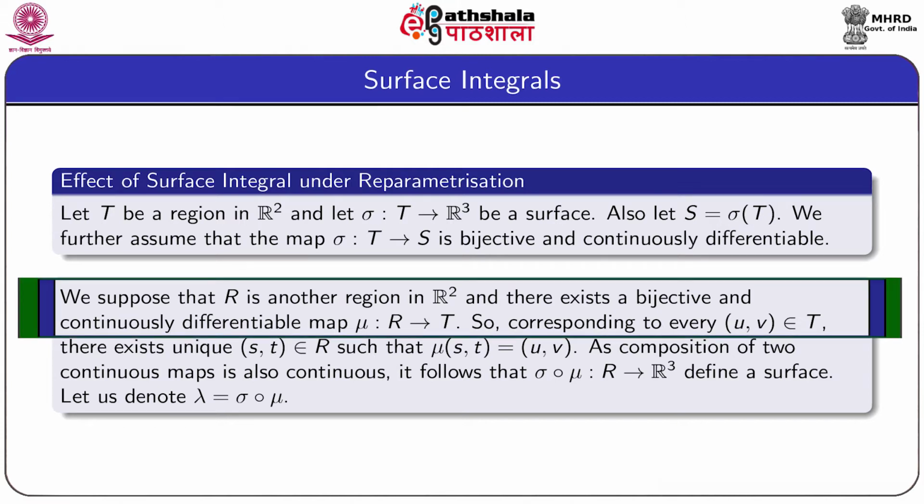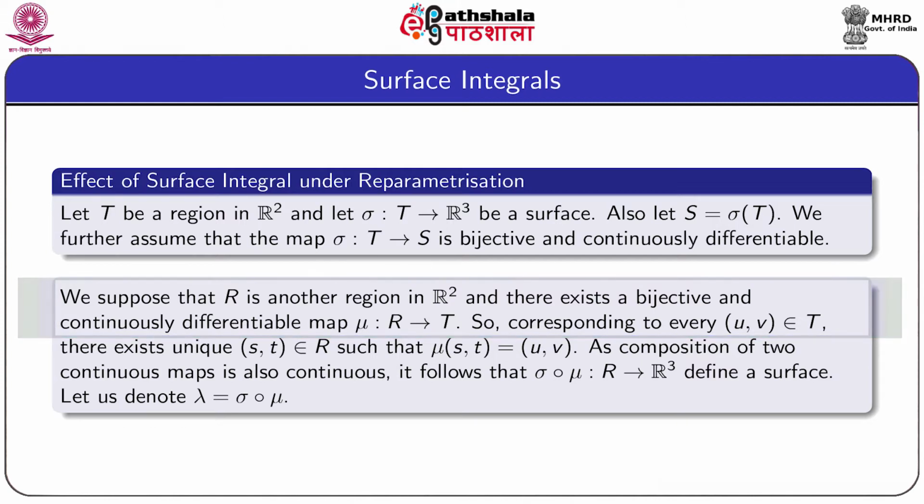We suppose that R is another region in R2 and there exists a bijective and continuously differentiable map mu from R to T. So, corresponding to every ordered pair (u,v) in T, there exists a unique ordered pair (s,t) in R such that mu(s,t) equal to (u,v).